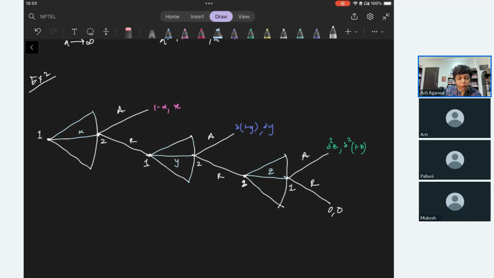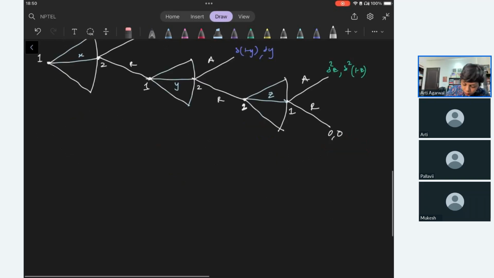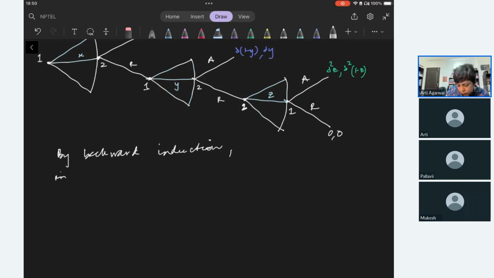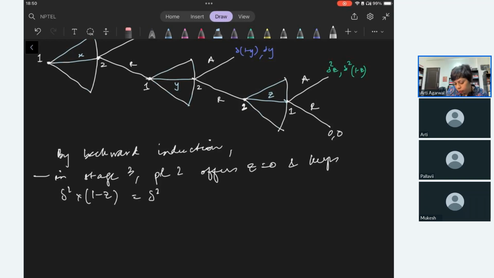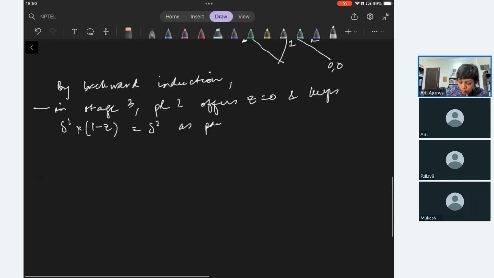We're doing backward induction. So by backward induction, in stage 3, player 2 offers Z equal to 0 and keeps delta square into 1 minus Z equal to delta square as payoff, right?